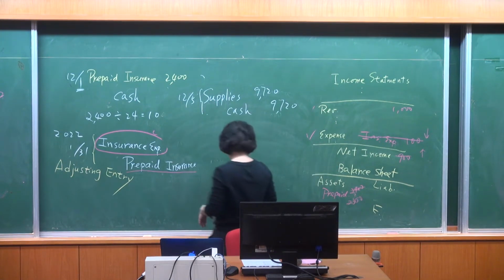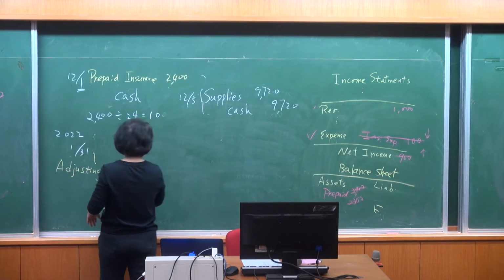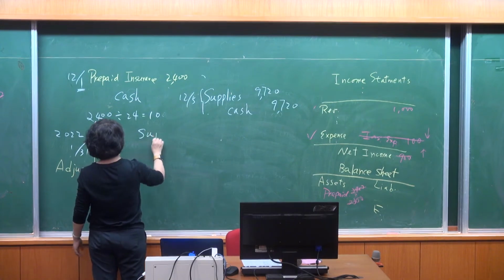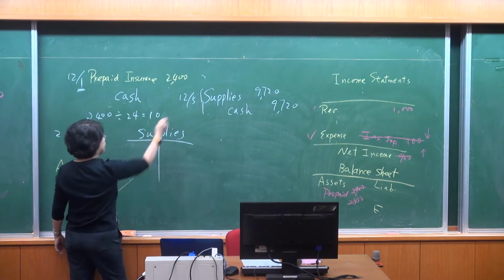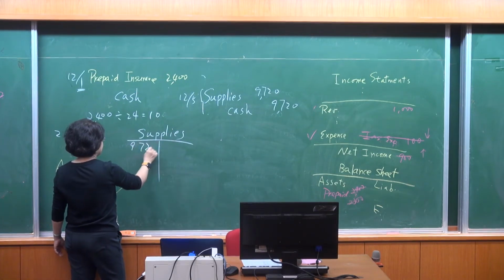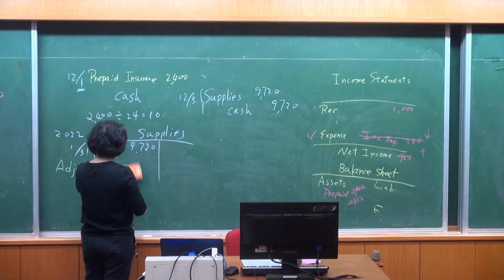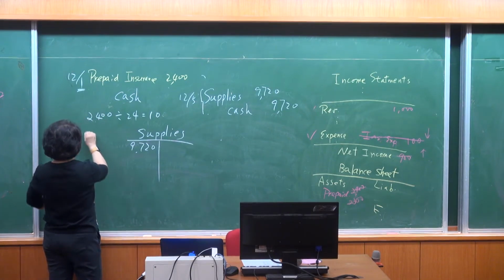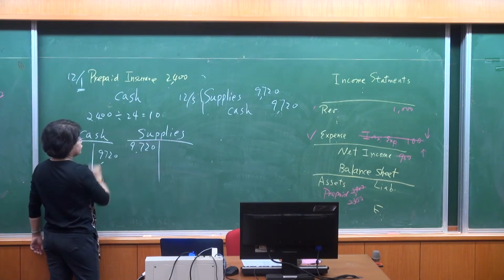So after this, we're doing the posting to the supplies. So supplies, after the posting, the balance will be on the debit, okay? Then you can ignore the cash. It doesn't matter because we are focusing on the supplies.